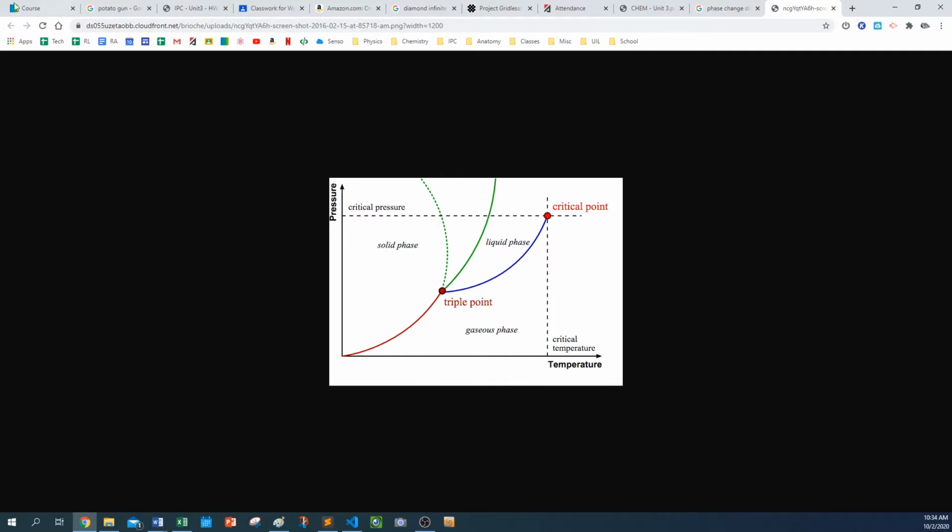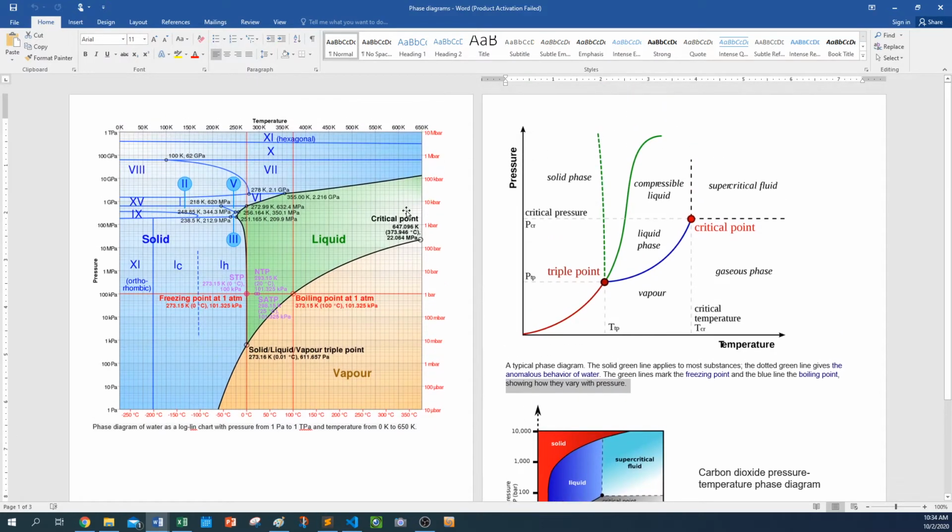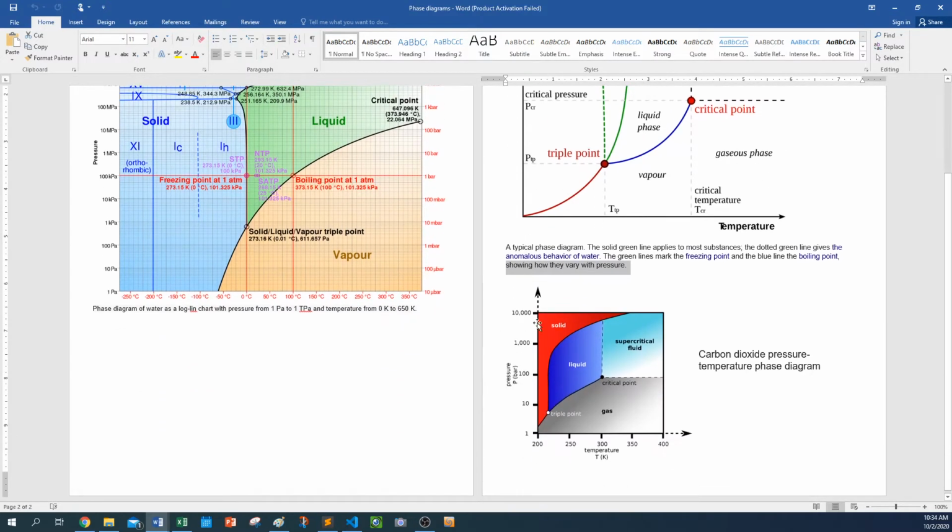So let's see if I can actually look up the one I had yesterday for water. Alright, so here's one of water. Here's a few more.